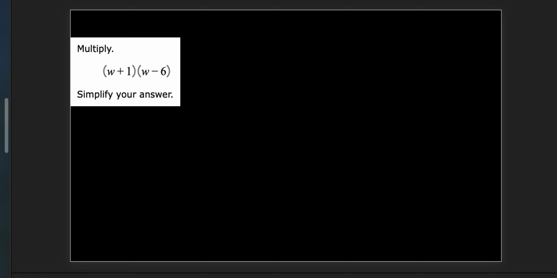And the next problem, we have another one like that. So we write down FOIL. So the first positions, do you see what they will be? W times W, which is W squared. O for outer, you see what the outer positions will be?